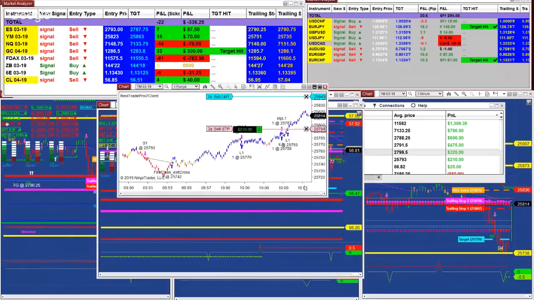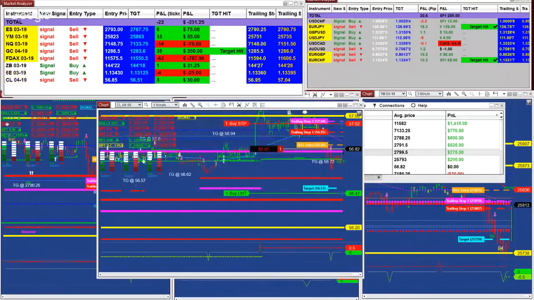Right now we are in that trade, and the target is 50 ticks. This is a YM, and we will be covering a lot of those as well.